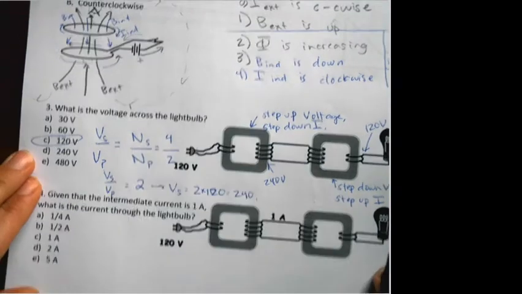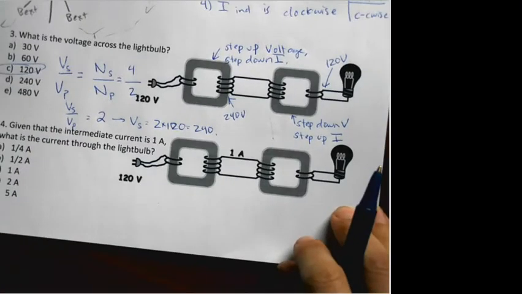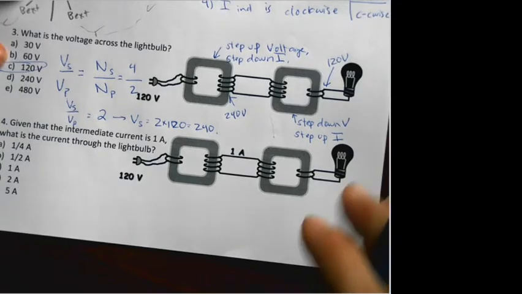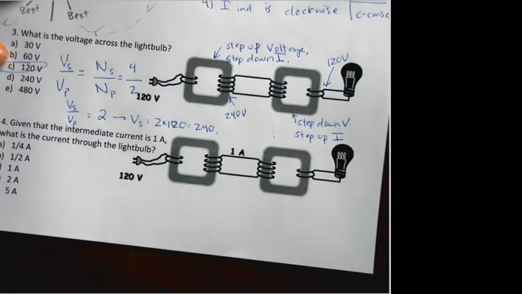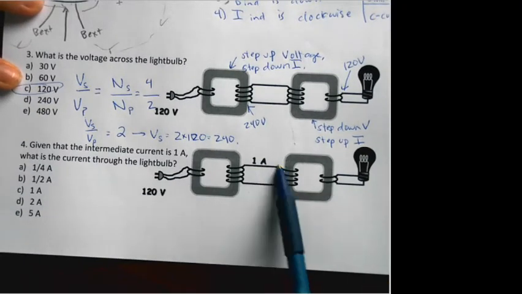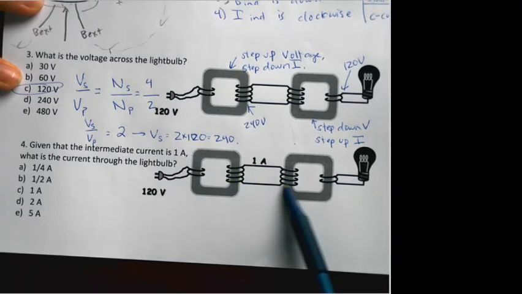On the next problem, we have been given this intermediate current, and it's 1 amp. This is a whole long loop, so there's 1 amp of current everywhere in this wire, and I want to figure out what the current is through the light bulb.